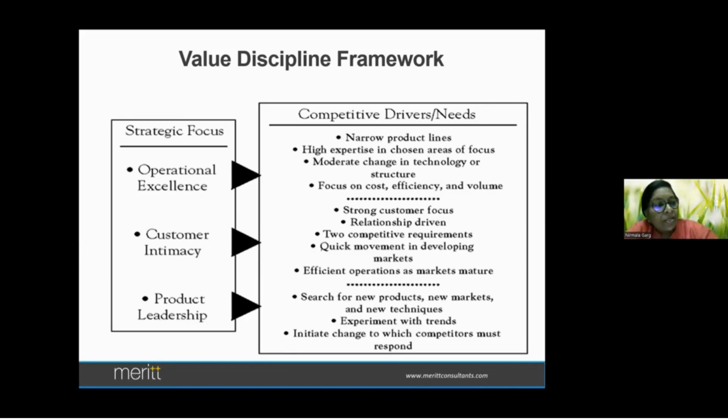But if I'm into a very niche, specialized Chinese restaurant, which caters to really exotic stuff, that means you are into a product. You want to invent, you want to create. So first, decide which value discipline you are going to be.